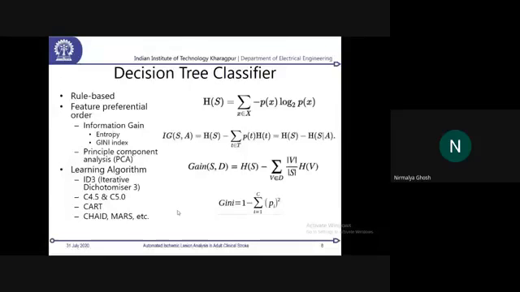So now, decision tree classifier, which is not exactly biologically motivated, but still it is very interesting that it is rule based. What do we do if we go to a supermarket to buy something and we have multiple options? We check a couple of its attributes.